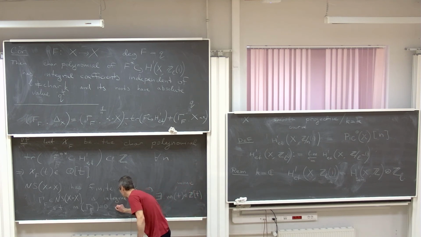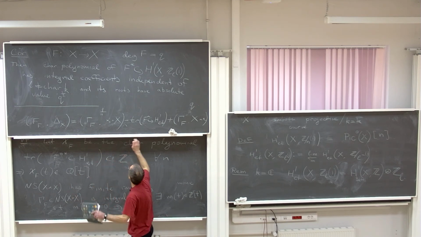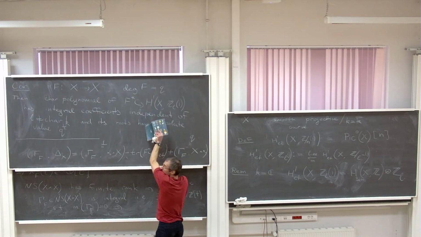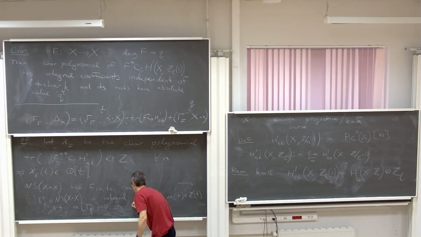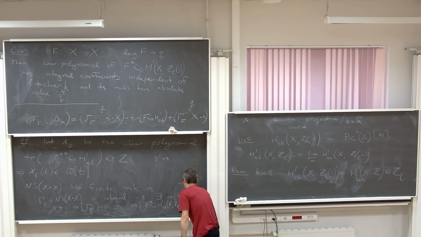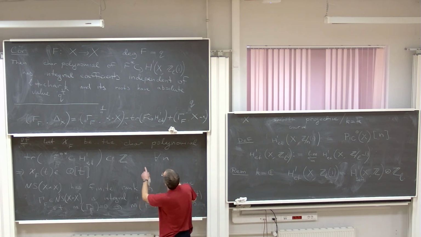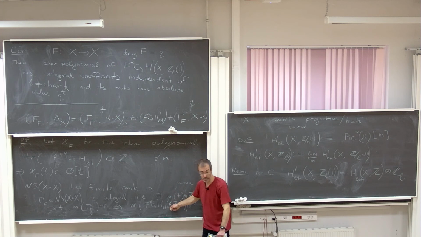And this implies, because we have a ring homomorphism from the Néron-Severi group to the endomorphisms of this space, that m of f star, viewed as an endomorphism of H1 étale of X with Z_l coefficients, is equal to 0.